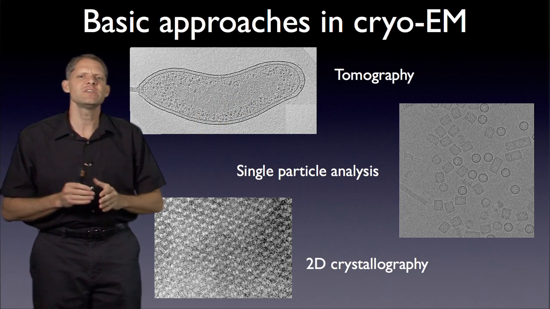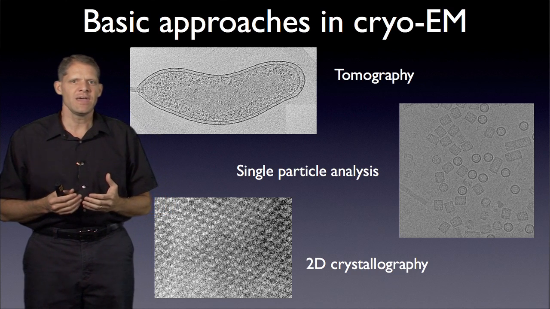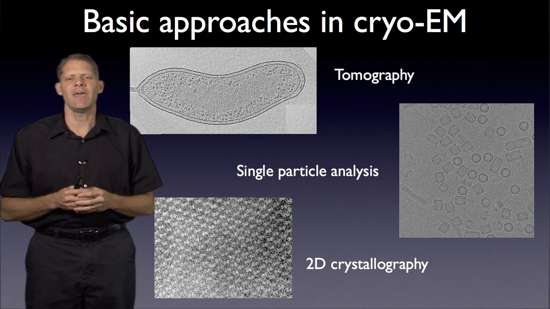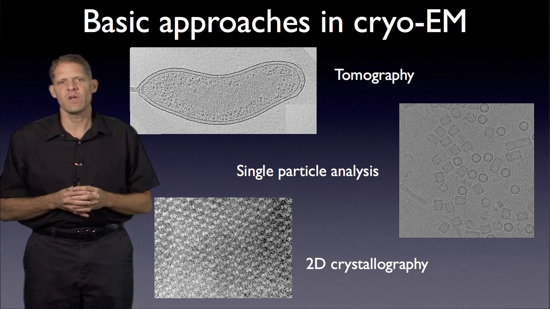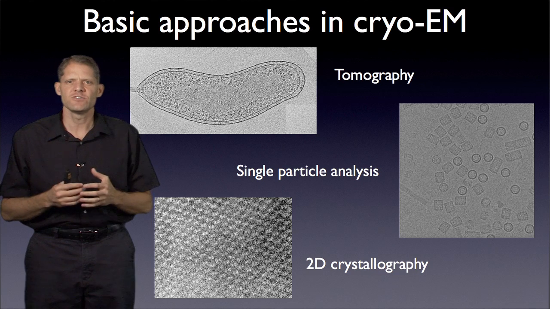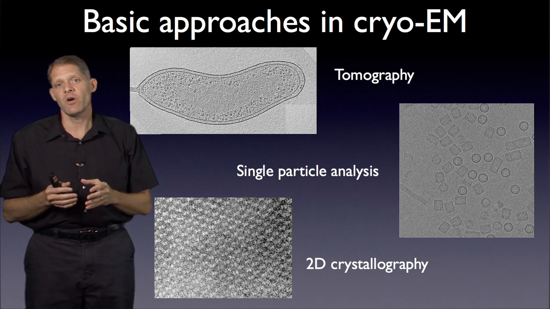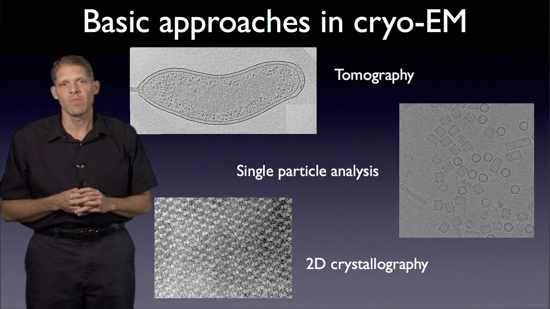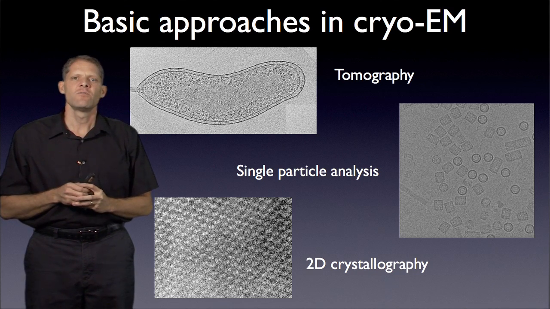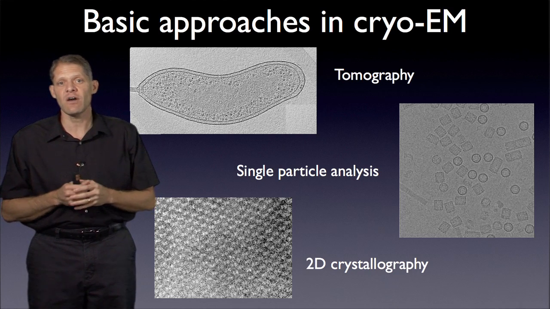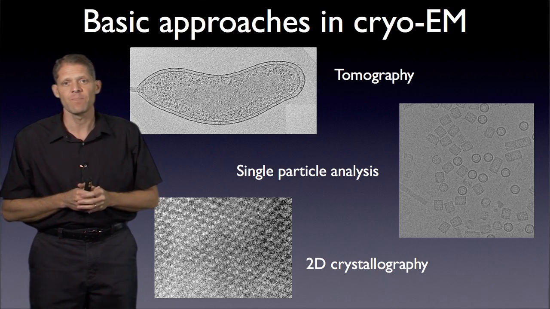The fundamental resolution limit in tomography is radiation damage, because we simply can't get a high signal-to-noise ratio 3D reconstruction to high resolution before the sample is destroyed by radiation damage. And so in practice, resolutions of about 4 nanometers are obtained on unique objects using tomography.